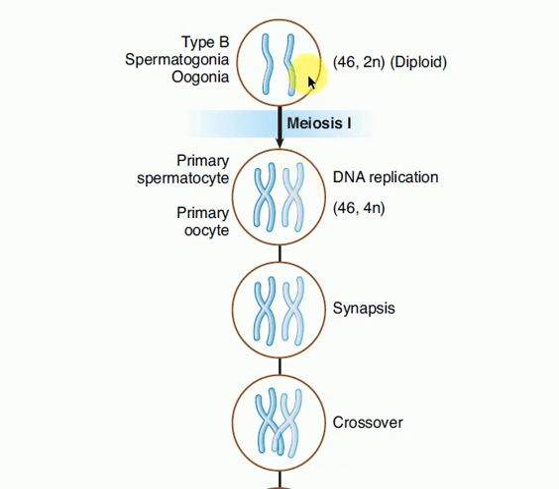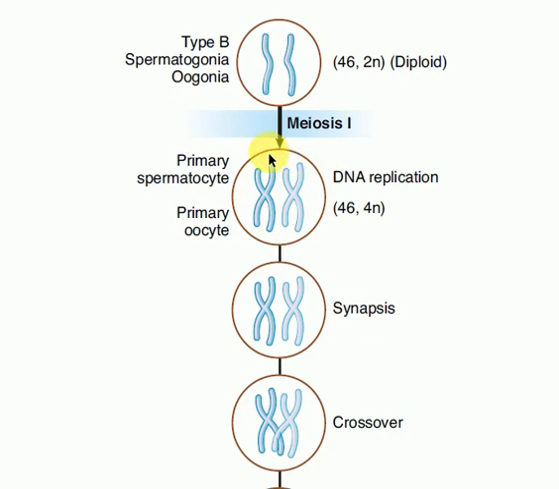Instead of being mitotically active, all of them start committing themselves to meiosis. And this completes at birth, that all the oogonia are converted into a primary oocyte.